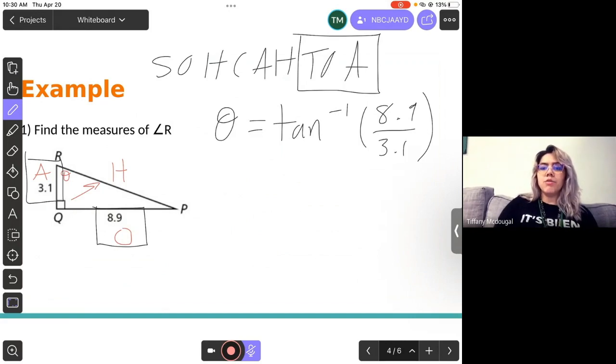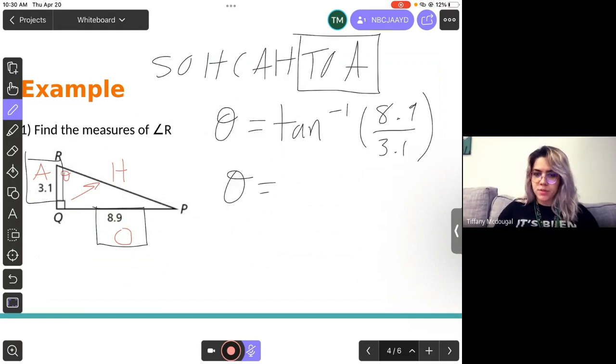And then I'm going to head over to my calculator and type in the inverse tangent of 8.9 over 3.1. Perfect. And it gives me that theta is equal to 69.1 when I round to 3 sig figs.